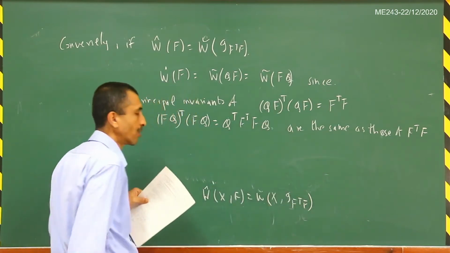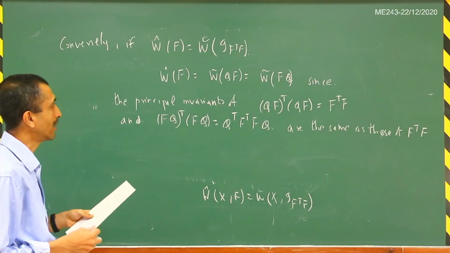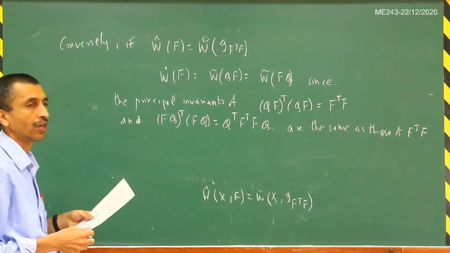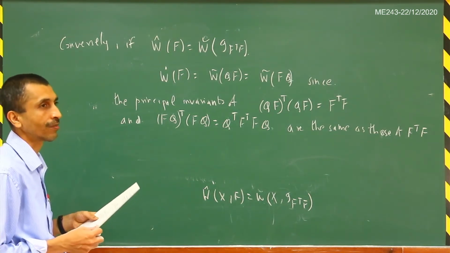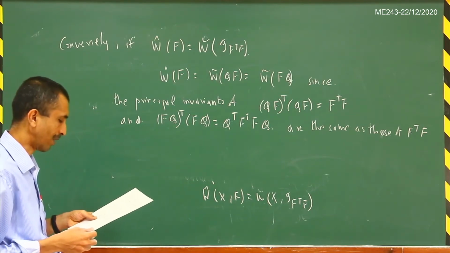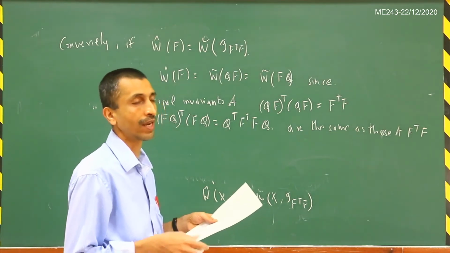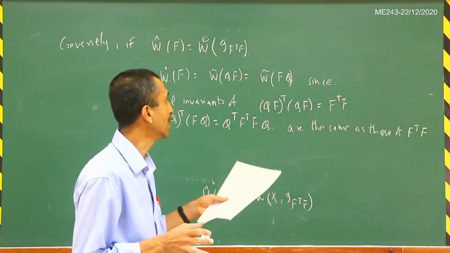And so that is how we will get that if you have the existence of a function that is a function only of the principal invariants of C and B, then the material is automatically isotropic and it satisfies material frame indifference.